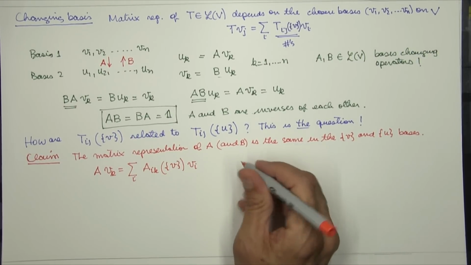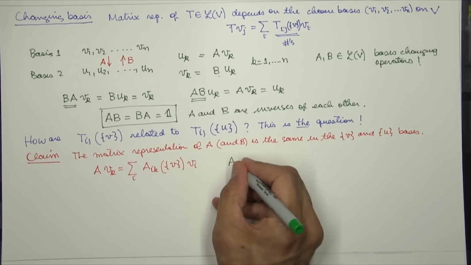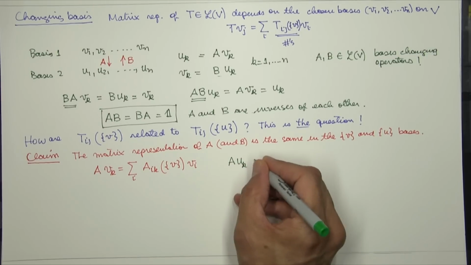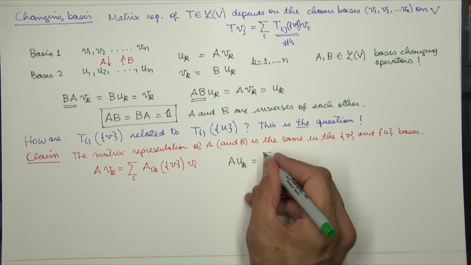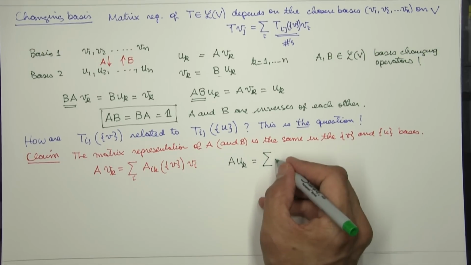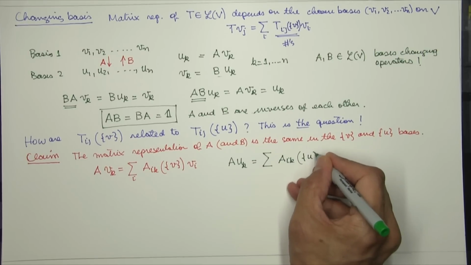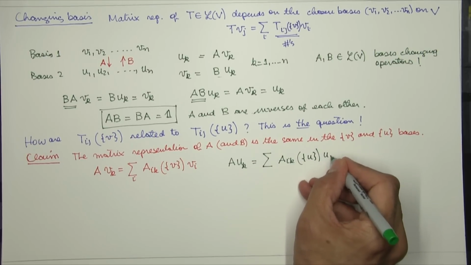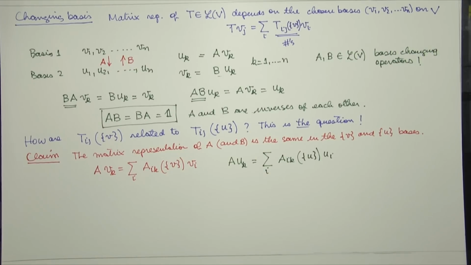On the other hand, if you had A acting on U_k, you're acting on the U vector, so we could write it as a U superposition using A_ik in the U basis, times U_i. So we want to show these two numbers are the same.